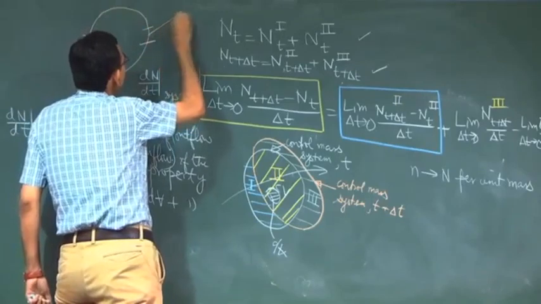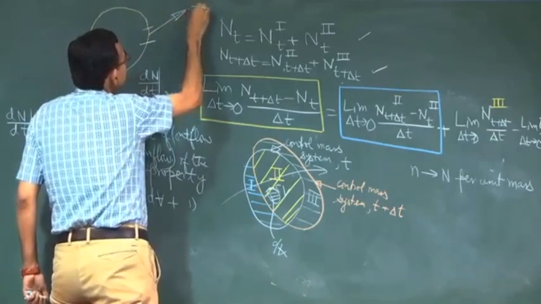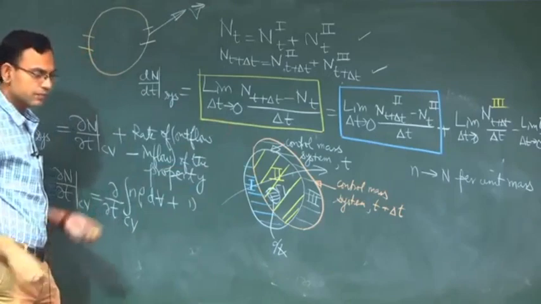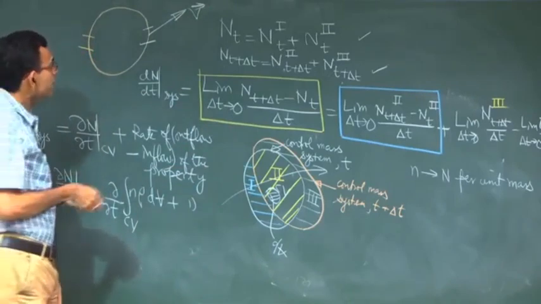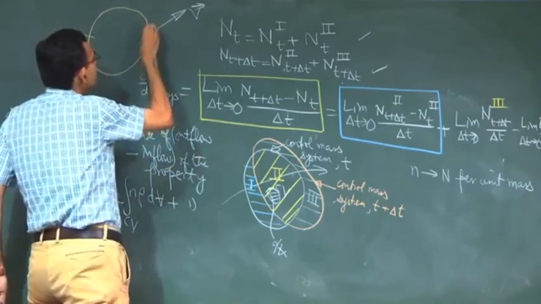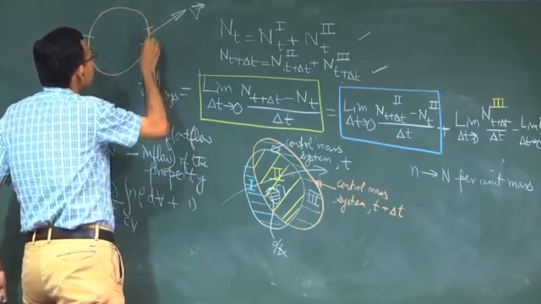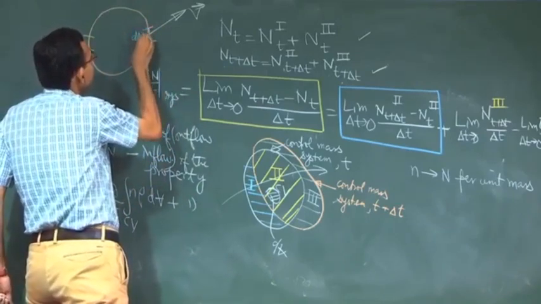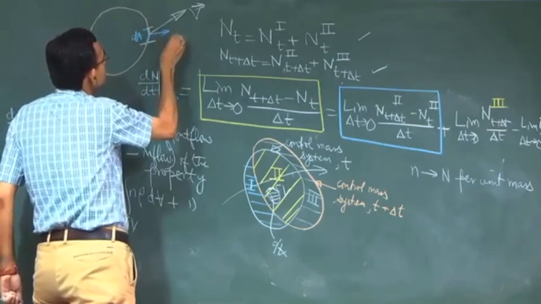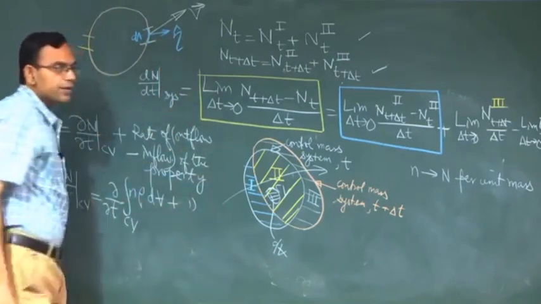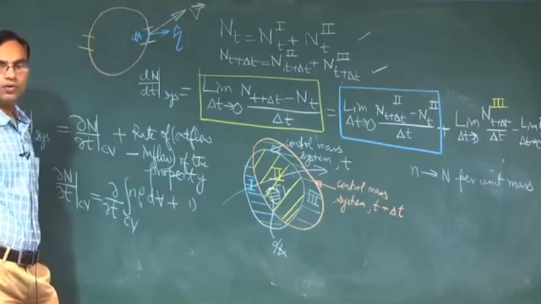When you have an outflow boundary, let us say this is the velocity v and you define this dA, which I am trying to show with a different color, with a unit vector normal to it.